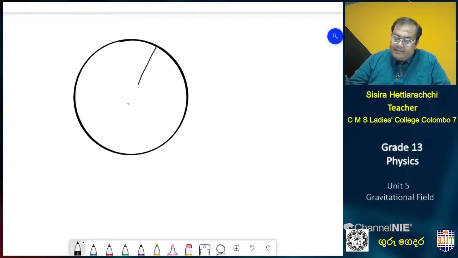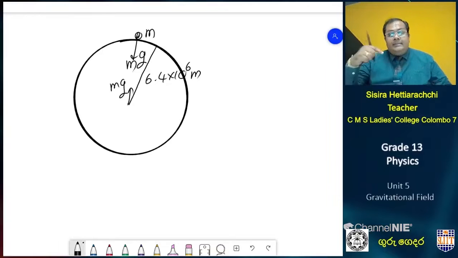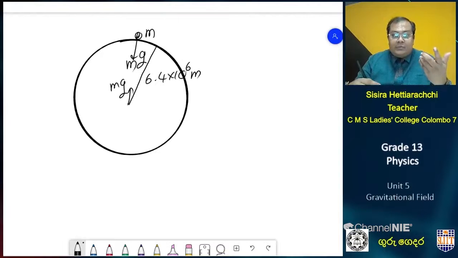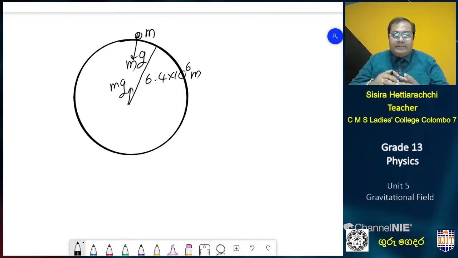The radius of the earth is given as 6.4 times 10 to the power 6 meters. We know the gravitational field intensity, that means the gravitational acceleration on the earth's surface, g. I can mark a small mass here, then you know the force mg. They are under attraction. Both forces should be equal, mg and mg. The top one is the force exerted by the earth on the object. The other mg is the force exerted by the object on the earth.